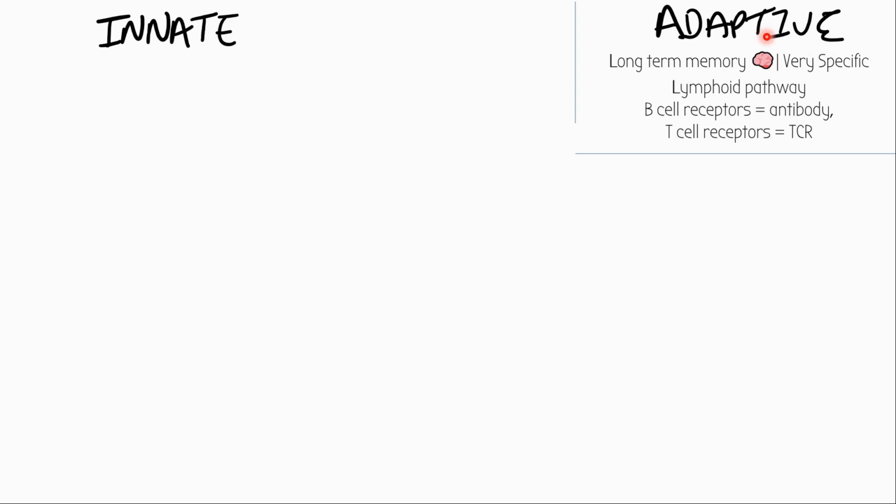So essentially, this happens in B and T cells, and it's called VDJ recombination. And this leads to the antibodies and the T cell receptors having different specific shapes. There are also ways of introducing mutations later on to make these things specific. Okay, don't worry about those for now. Just remember that B cells have the receptor called the antibody, and T cells have the receptor called the T cell receptor.